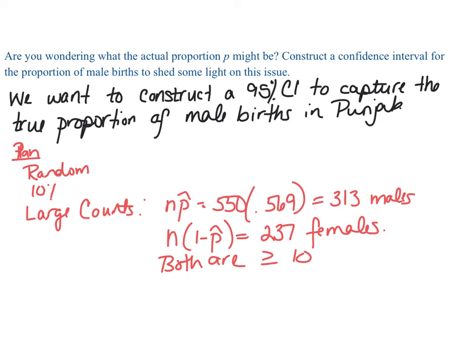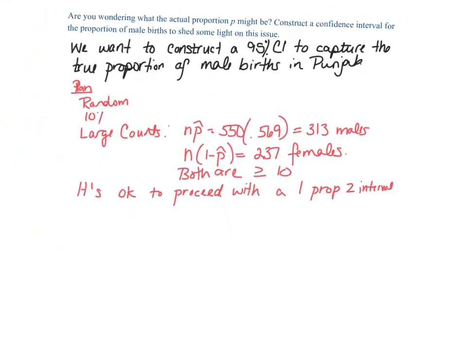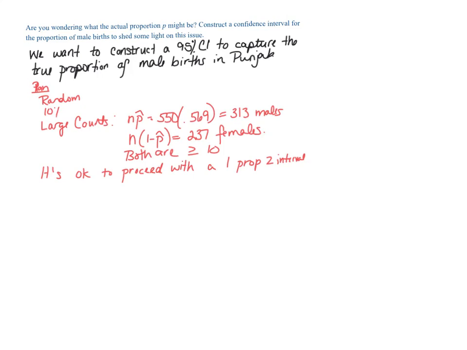Okay, so I can proceed with a 1 proportion Z interval, so make sure you name that. And now I'm actually going to construct that 1 proportion Z interval, so that would be in my do section.